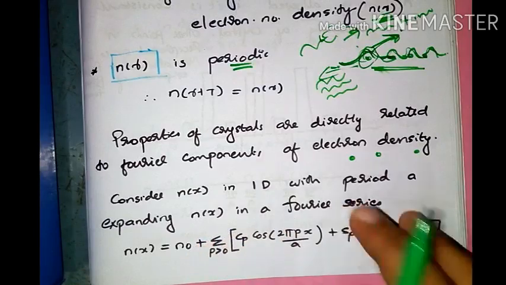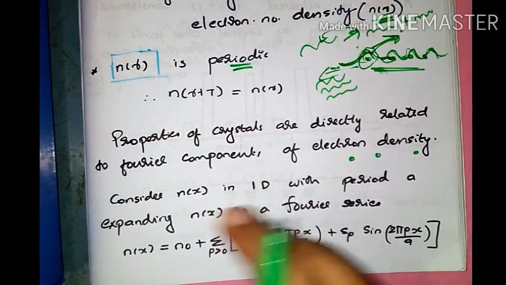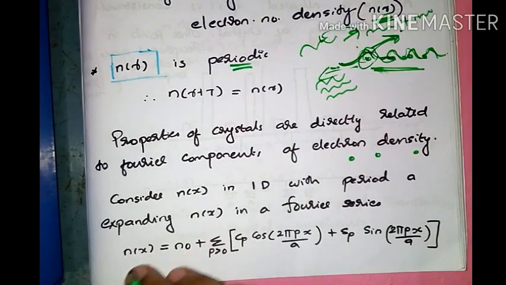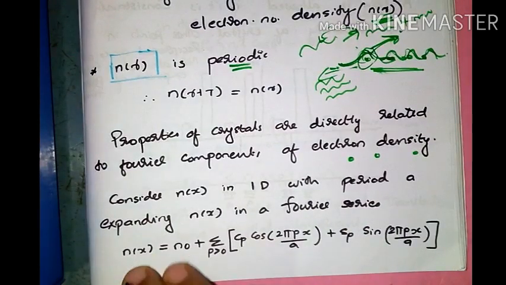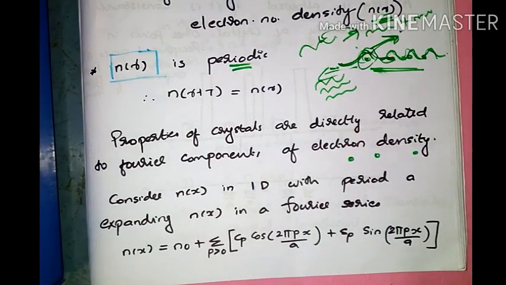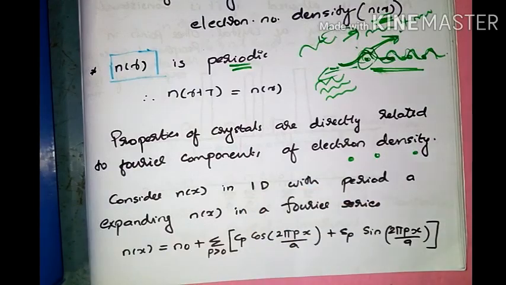It means a large number of waves of different frequencies are mixed together to give n of x, the electron density. In other words, n of x is composed of a large number of frequencies, and we can analyze those frequencies using a Fourier transform.